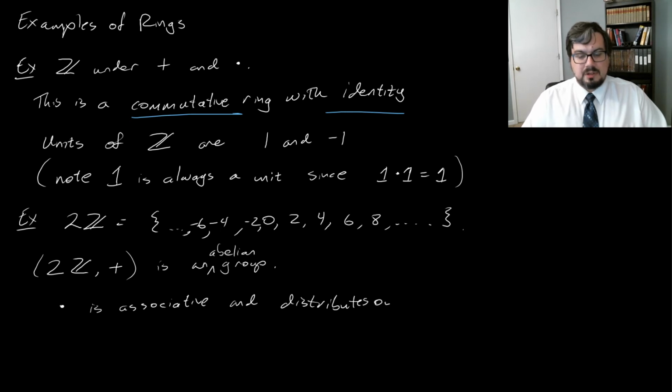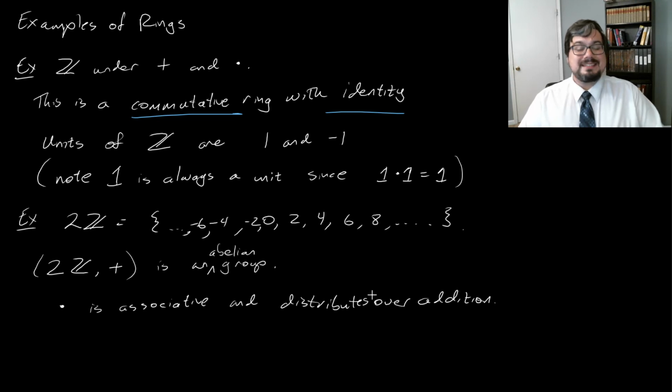For this set, the fact that multiplication is associative and distributes over addition is pretty much something that it inherits from the fact that it's the same multiplication as in the integers Z. It's just working on a subset of them.